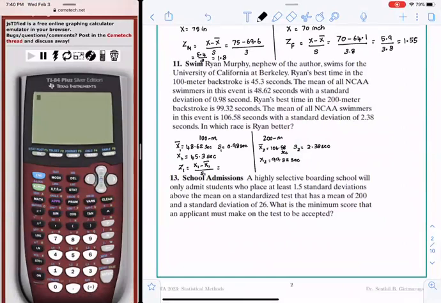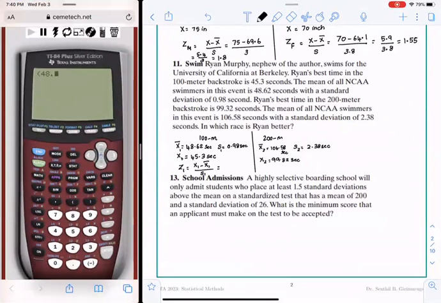So 45.3 minus 48.62, which is the mean, divided by the standard deviation, 0.98. We get negative 3.387.